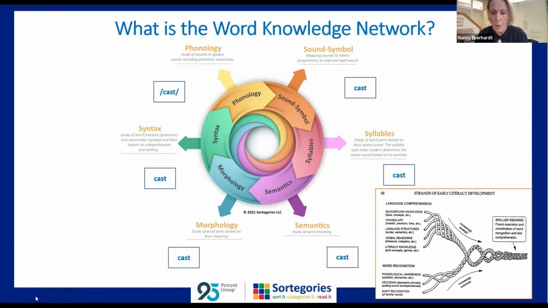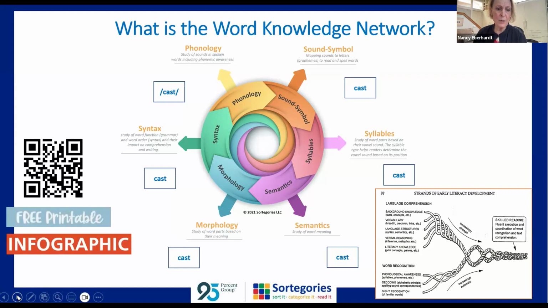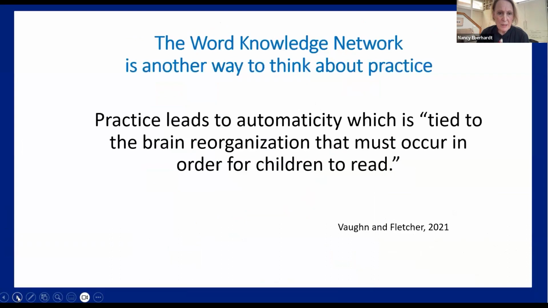So this model, we think, illustrates or covers both aspects of the reading rope, namely word recognition, which are those first three areas, and then the final three areas are the top part of the rope. If you're interested in this graphic, the next click should bring in a QR code. If you're interested in knowing more about this, that's where that QR code will take you. So I think we can move to the next slide.